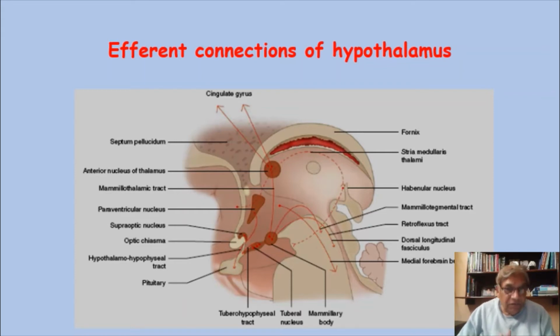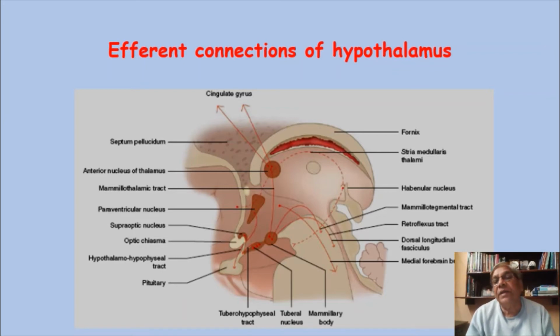Let us see mainly where these efferent fibers will end. They will end in the nucleus ambiguus, which is a motor nucleus for the muscles of the head and neck which derive from the branchial arches.